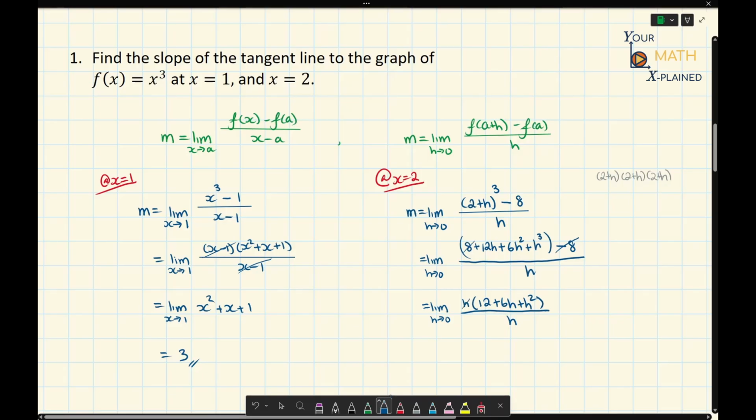So now we can cancel out the h on the top and the bottom, and this becomes the limit as h approaches 0 of 12 plus 6h plus h squared. Okay, so let's just go ahead and put brackets around those. And now we can go ahead and do direct substitution here. So we end up with this is equal to 12.